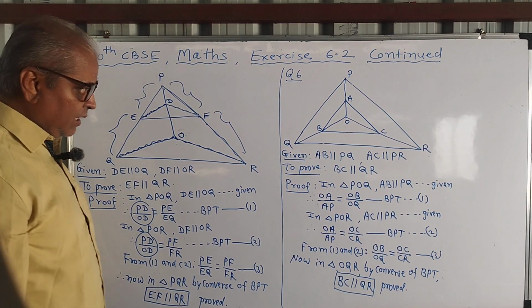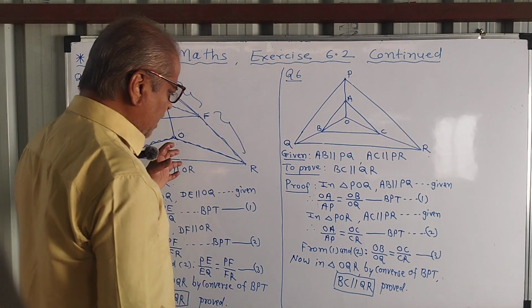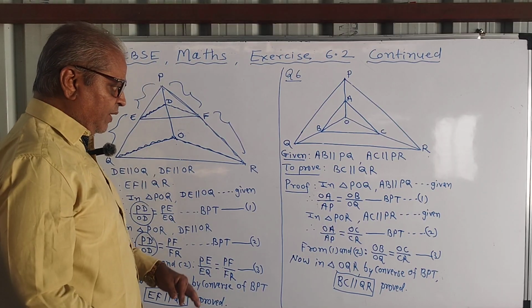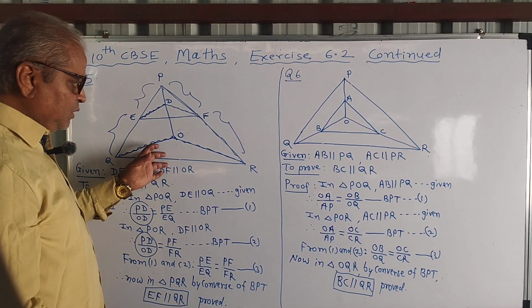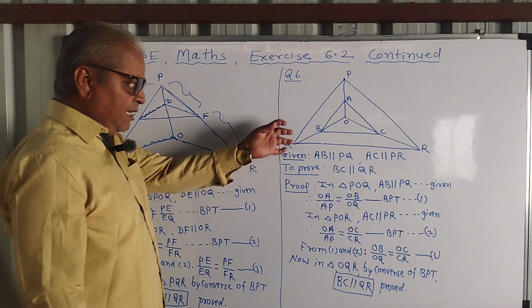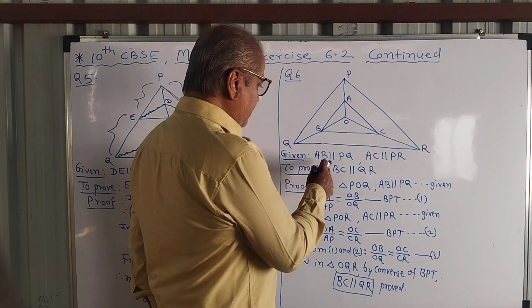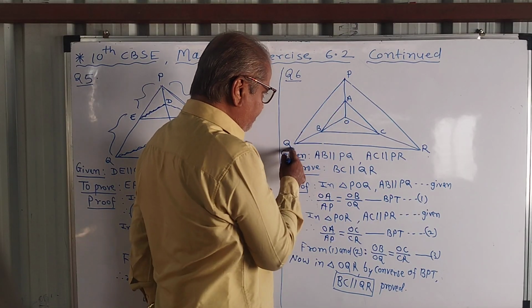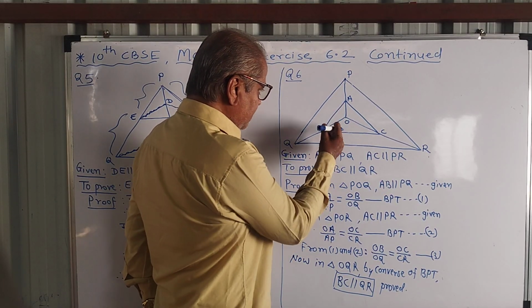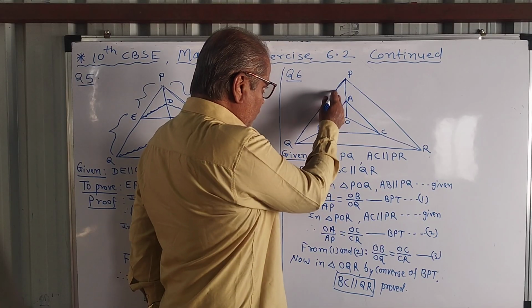Now, question number 6 is almost the same as question number 5. For those who understood this question, it is definitely very easy. So in this figure, AB is parallel to PQ.